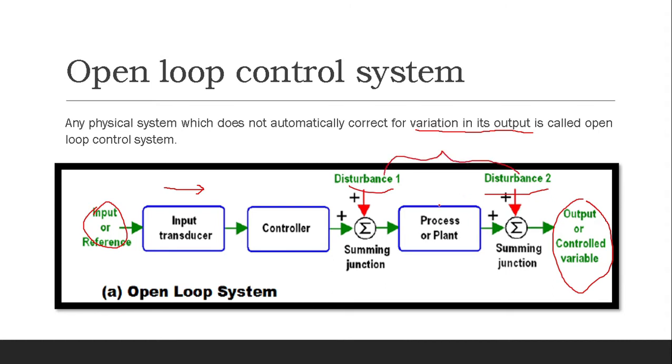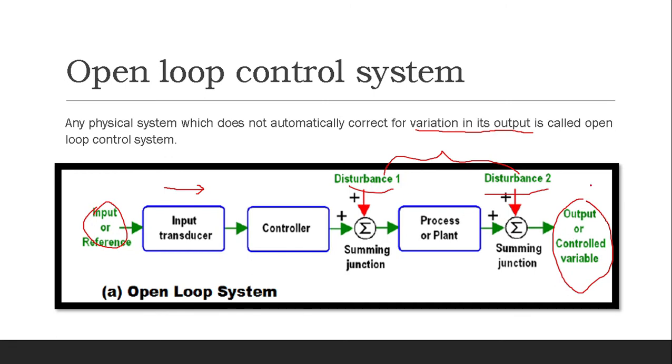So we are assuming that the external disturbance or the condition will remain unchanged, but in case there is external disturbance or some internal disturbance during the operation, then the output varies in an uncontrolled manner.